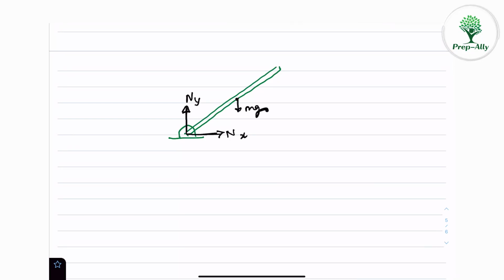So what is the net force? Net force is Ny in j cap, Nx in i cap, and mg in minus j cap. This is the net force on the rod.